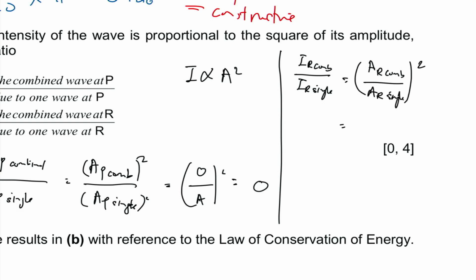So this will be 2A over A, the whole thing squared, so I get 4. These are the two answers, and it's all given here as well.